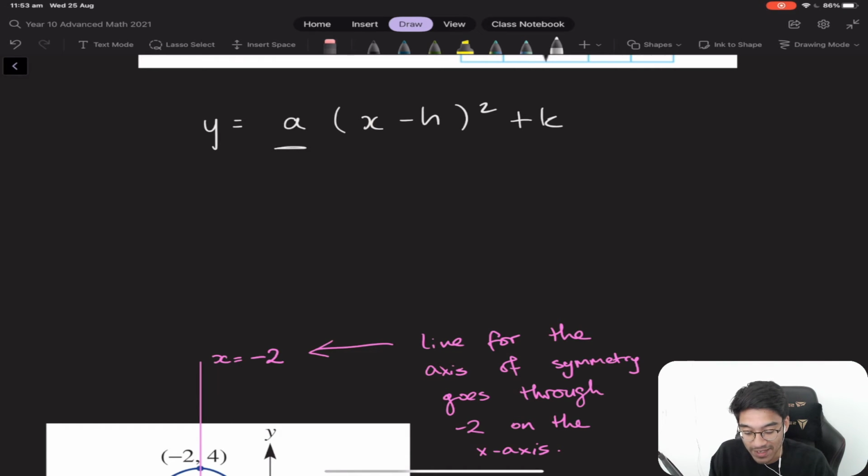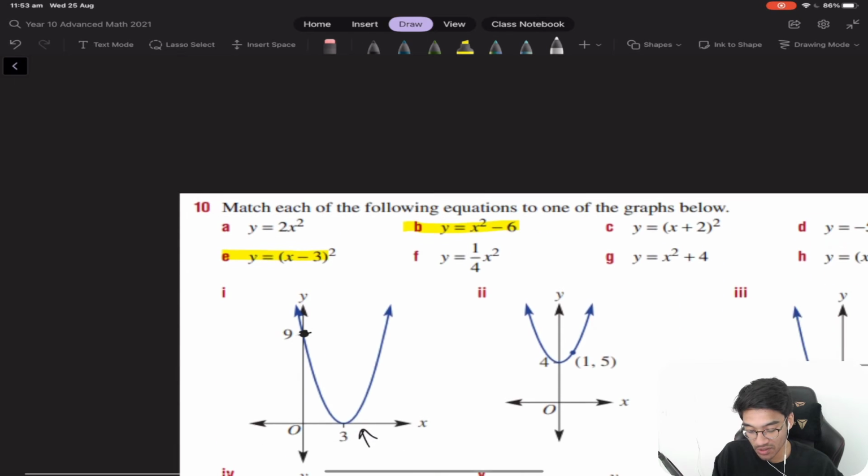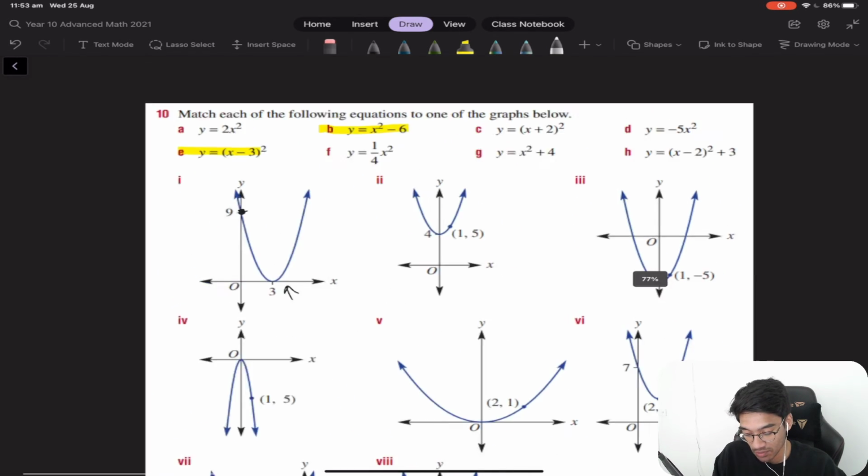If it's an x minus something, that means it's a positive horizontal translation, so it's moving right. If it's x plus something inside a bracket, that means it's moving left. If there are no brackets and it's x plus or minus, you know it's a vertical translation, and that's really about it. So now I'm just going to go through 2 of these examples with you.